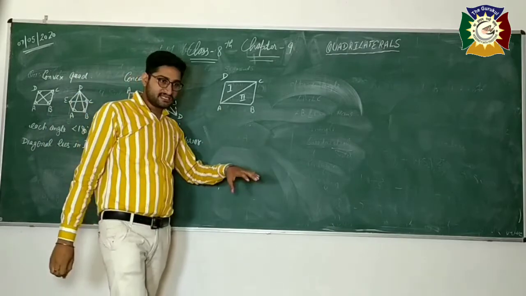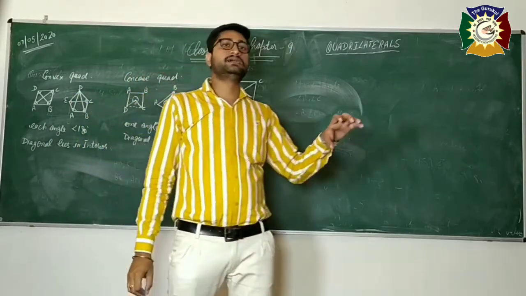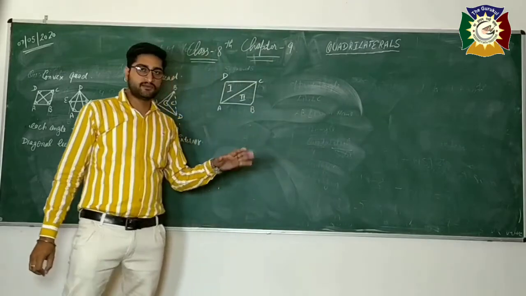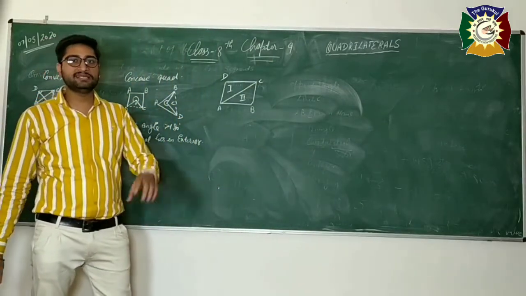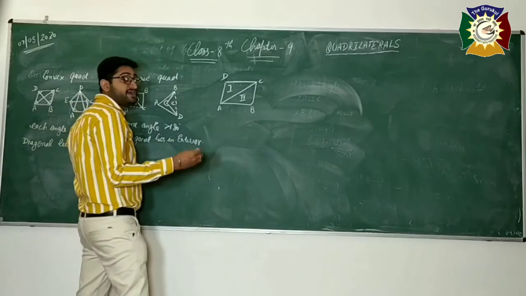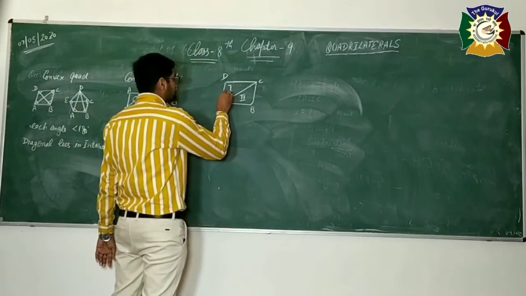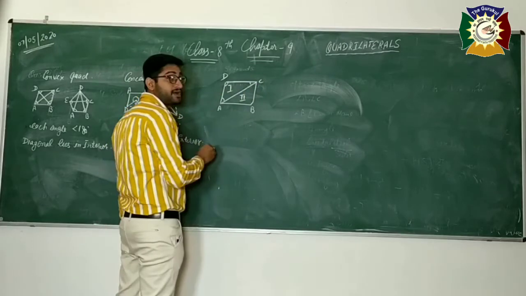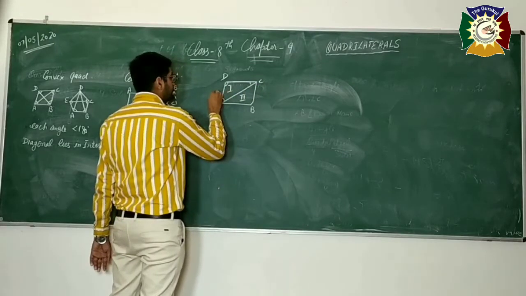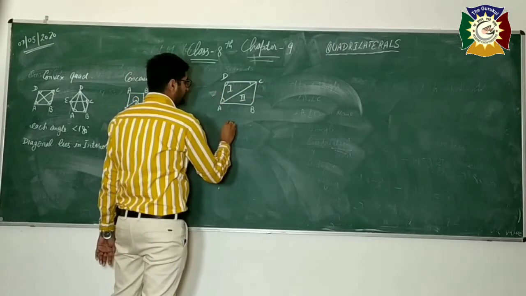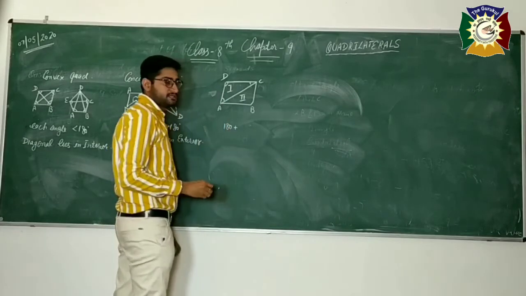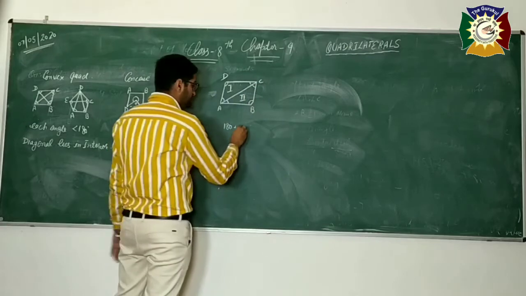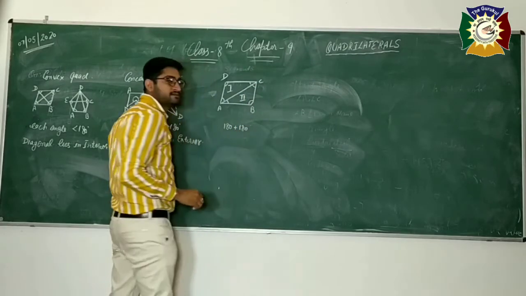And in the previous class, we studied the angle sum property of a triangle, that the sum of the three angles of a triangle is 180 degrees. So it means the sum of these three angles in this triangle is 180, and the sum of these three angles in this triangle is also 180.